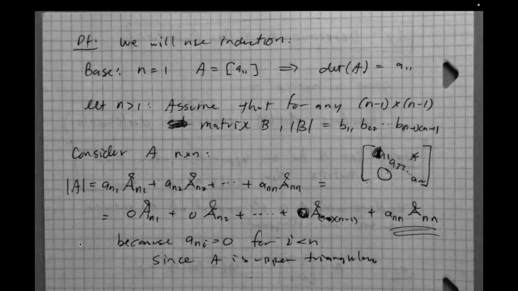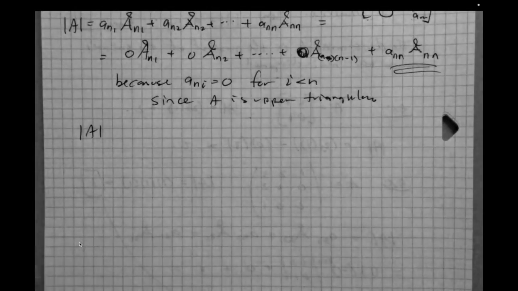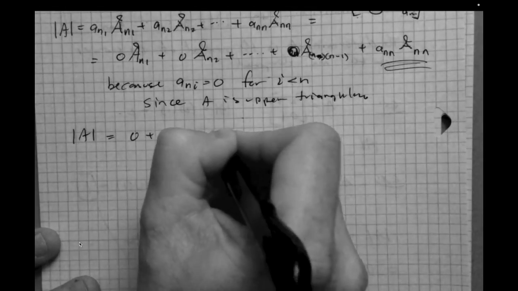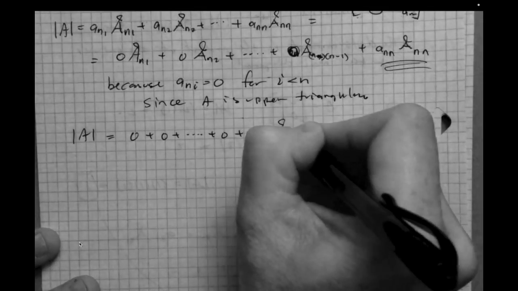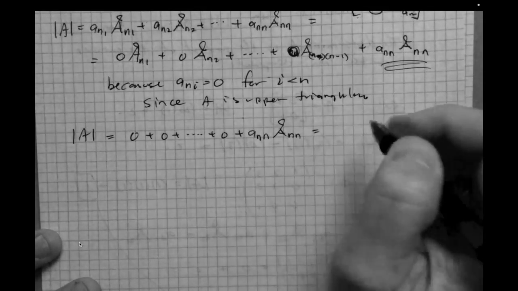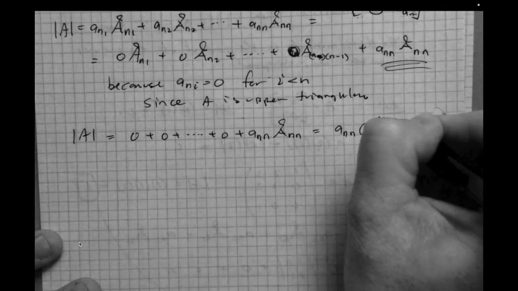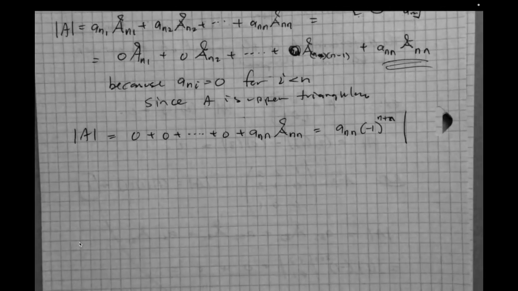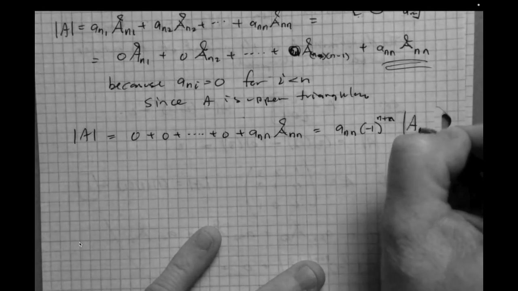Okay, so bottom line takeaway here is that the determinant of A in this case is equal to 0 plus 0 plus ... plus 0 plus ann times the cofactor of ann, right? Which is equal to ann times negative 1 to the n plus n times the determinant of the nn submatrix.